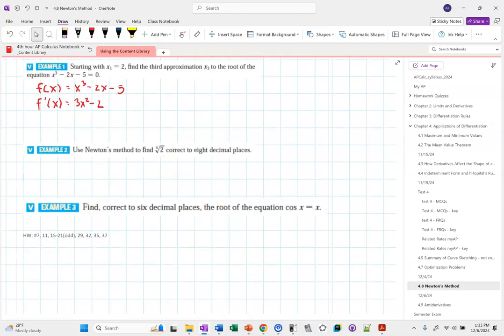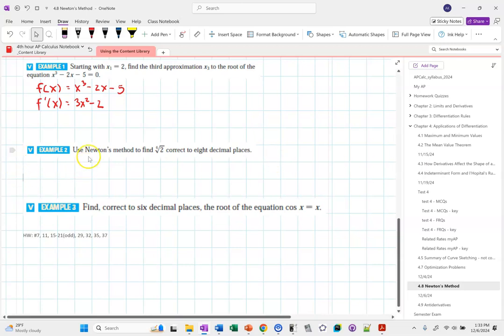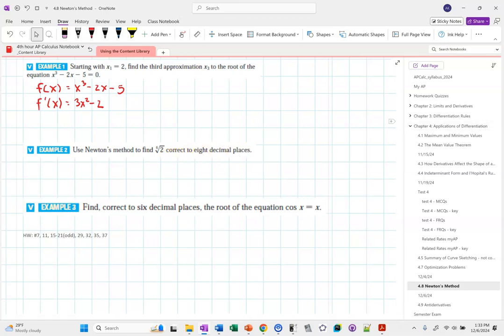Our next example says use Newton's method to find the 6th root of 2, correct to 8 decimal places. So I want to start by rewriting this as a polynomial equation. What polynomial equation is going to have the solution, the 6th root of 2?